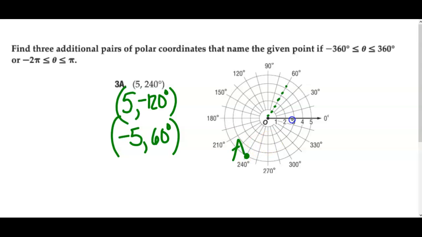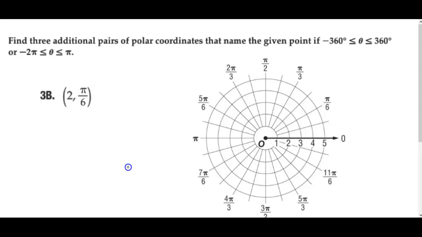Or I'm going to rotate to 60, which would be negative 300 degrees. And then when I get over there to 60, I'm going to back up 5. All right, so we got 3 more names that fall between 360 and negative 360, and have a radius of 5.